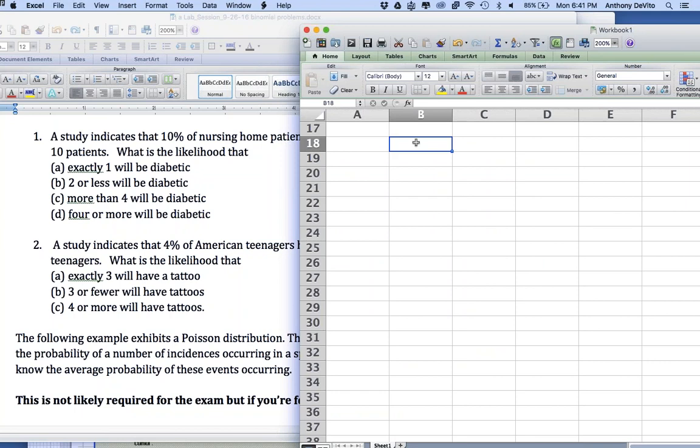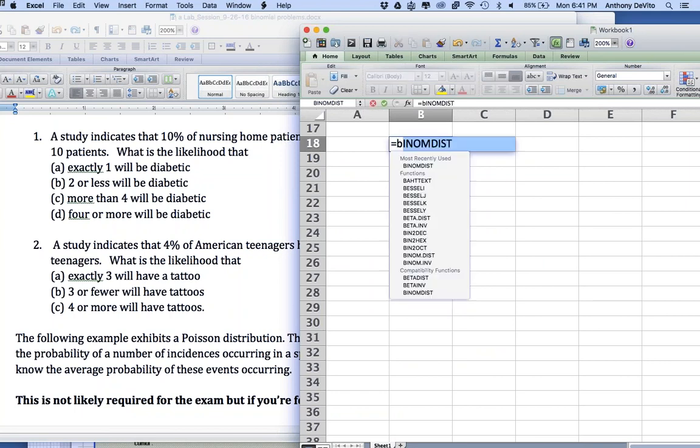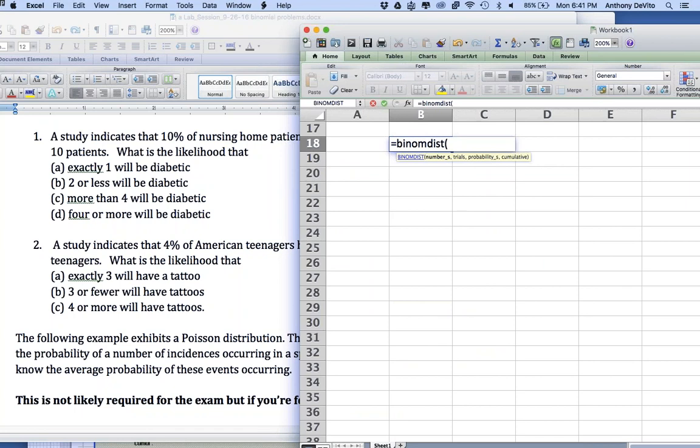Okay, equals BINOM.DIST, parentheses. The number of successes that will satisfy me is 3, comma, 30 trials, 30 people were sampled.